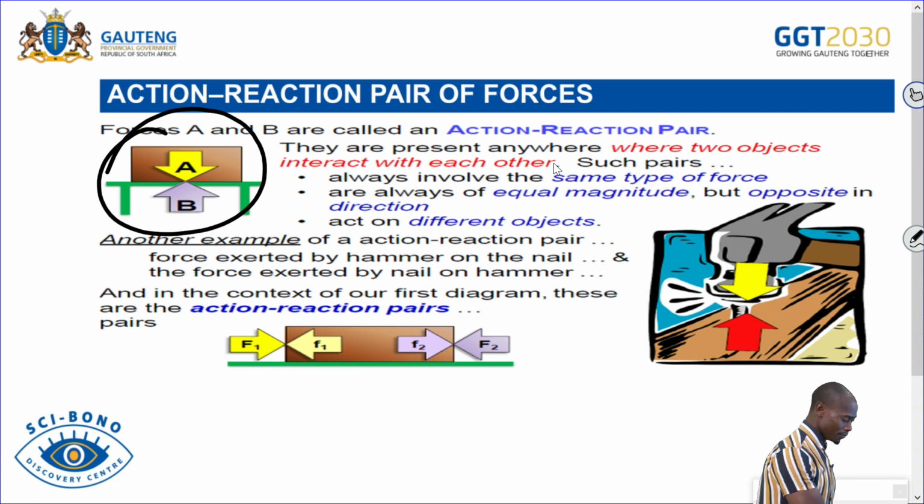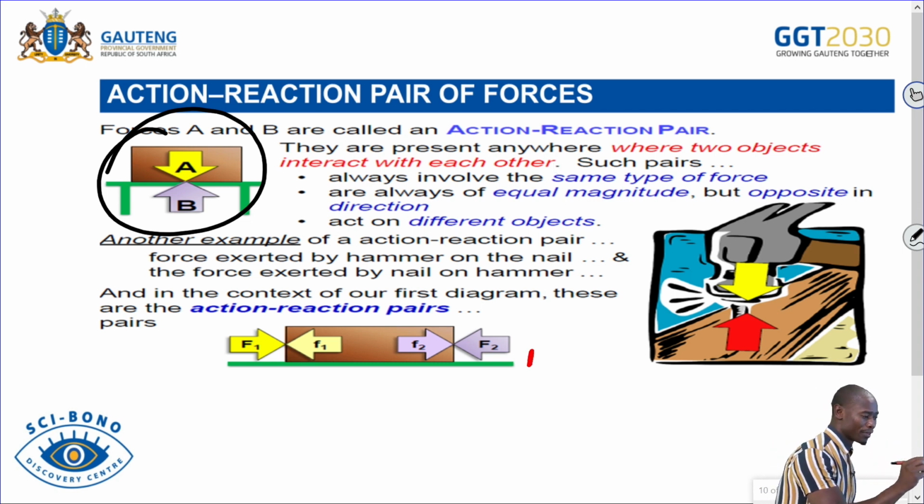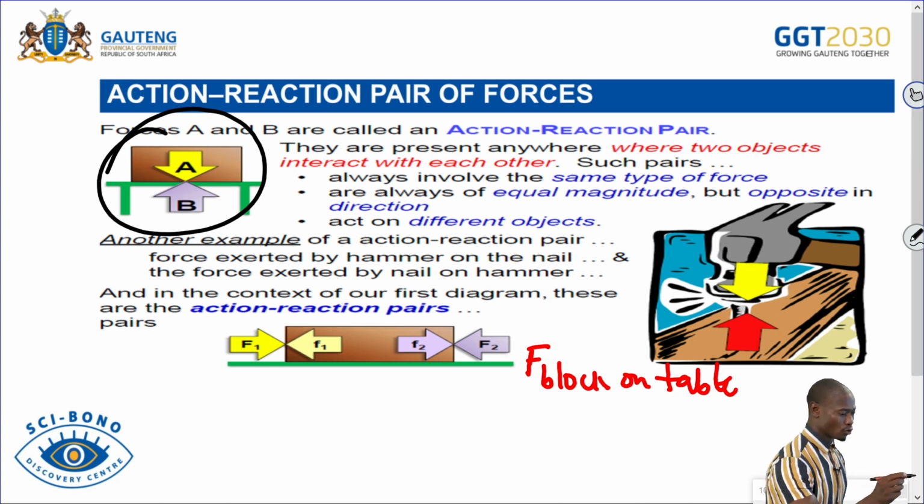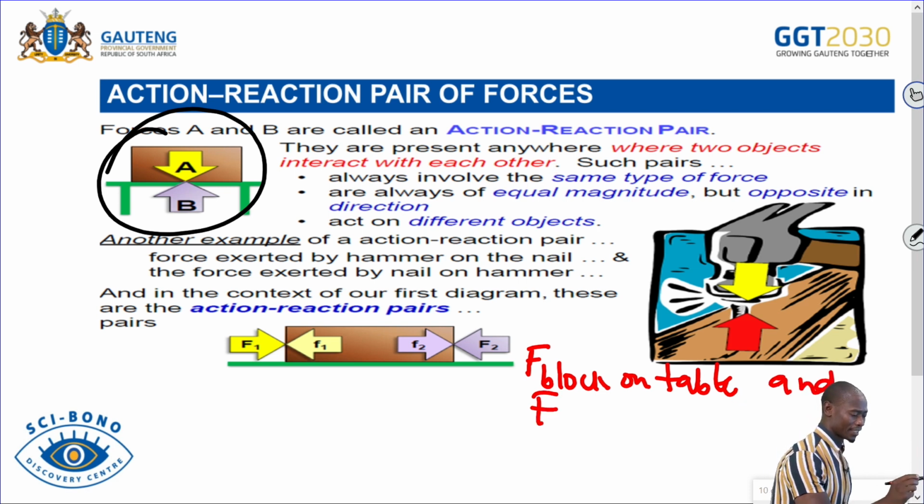Okay, there is a table there and the block. So it will be the force exerted by the block on the table, and it goes together with the force exerted by the table on the block.